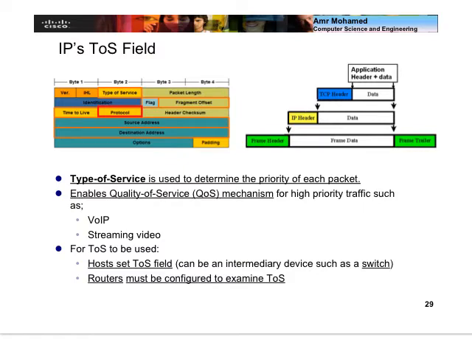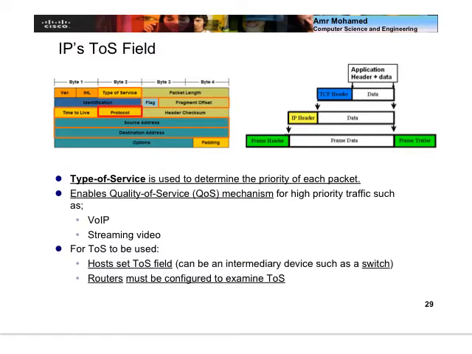The problem with that is that this type of service is only 5 bits. So 5 bits will give you maybe 2 to the power 5, like 32 types of data. So nowadays we have hundreds of types of data that we use, and each one requires different requirements when it comes to quality of service.